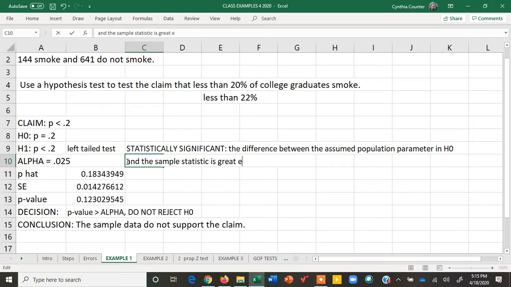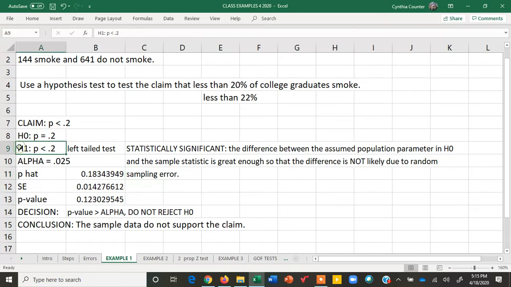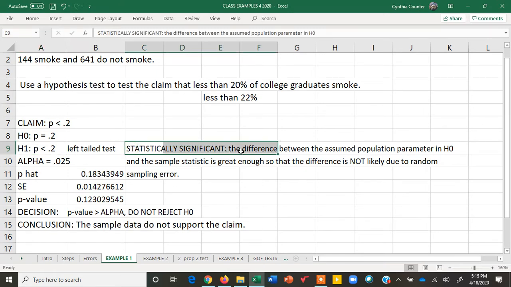Is great enough so that the difference is not likely due to random sampling error. So the alternative hypothesis you can always think of as statistically significant.